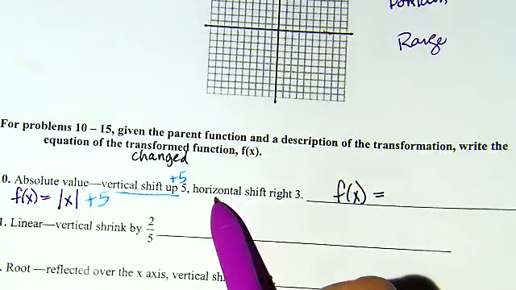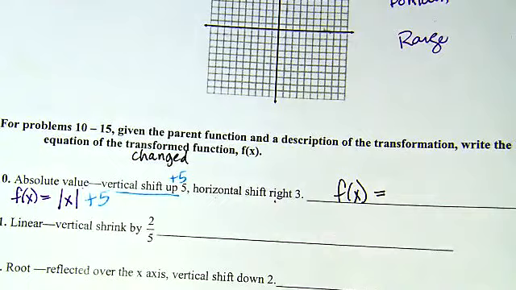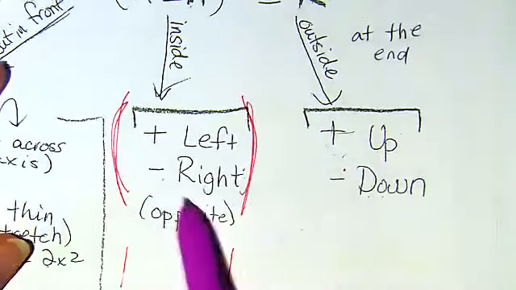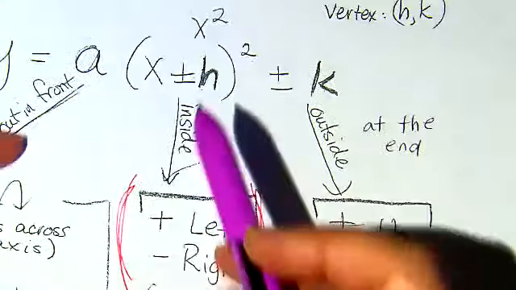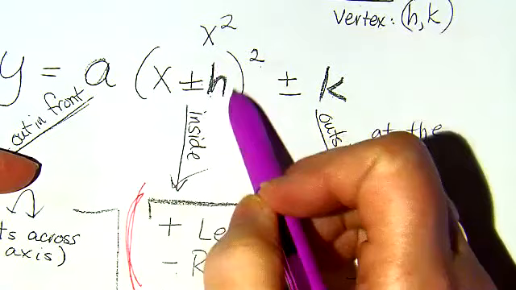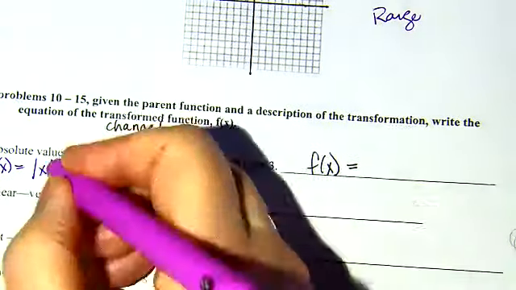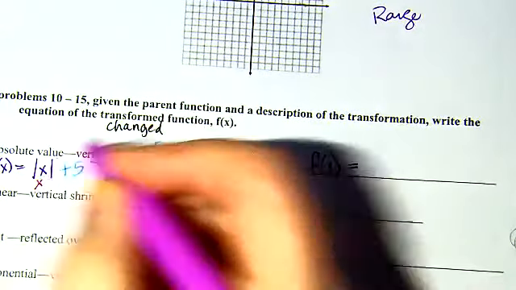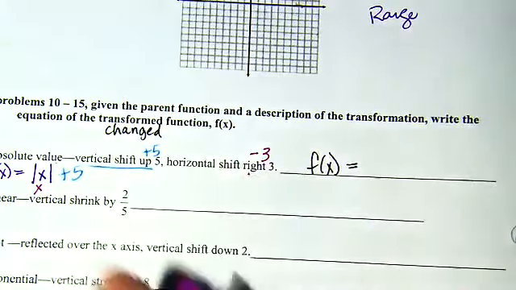So do a horizontal shift to the right. In order to do right, I need to put a negative sign. And where? I put it inside. Now with quadratics, it's inside parentheses. But for absolute value, it's inside the bars. So I need to put in here with the x a right 3.